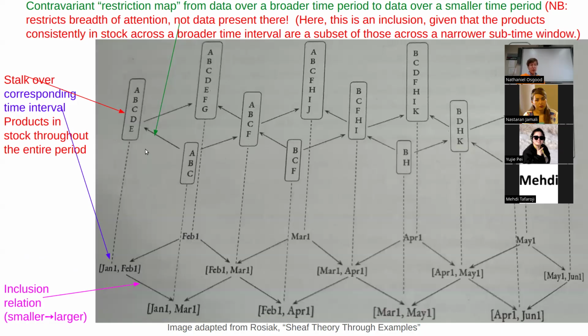It wouldn't make sense because this has to be a strict superset of this, because anything that's continuously in stock January 1st to March 1st has to be continuously in stock from February 1st to March 1st, right? So even if you had H here and H here, but not here, it wouldn't make sense.